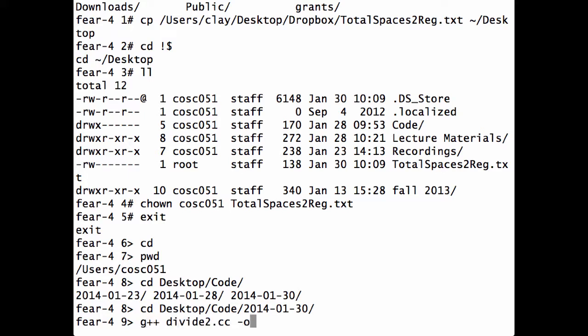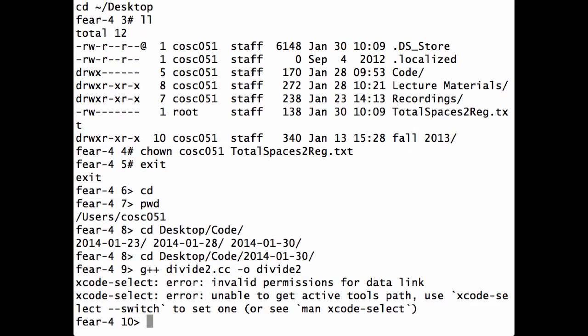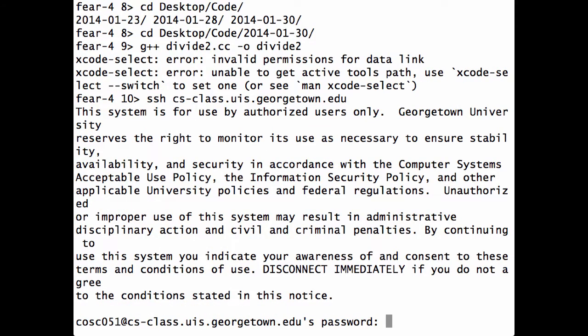Try not to overwrite the code, because that would stink. Oh, no way. I thought I had fixed this. All right, so here's what we're going to do.